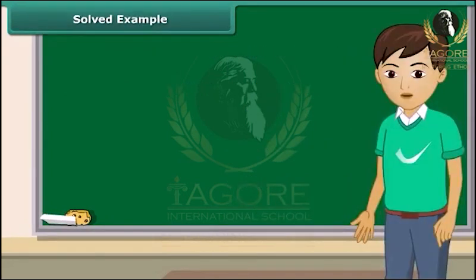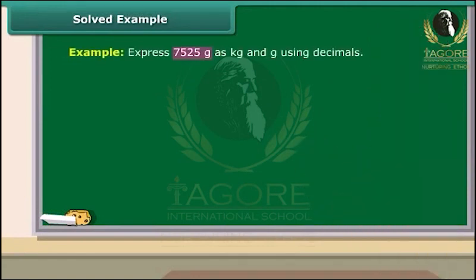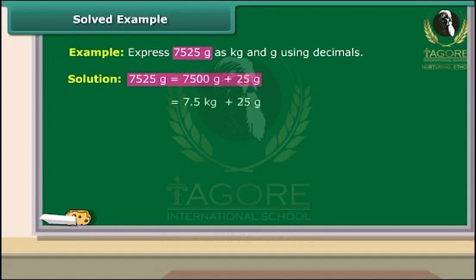Let us convert a weight expressed in grams into kilograms and grams using decimals. Express 7,525 grams as kilograms and grams using decimals. 7,525 grams are equal to 7,500 gram plus 25 gram, which is the same as 7.5 kilogram plus 25 grams.